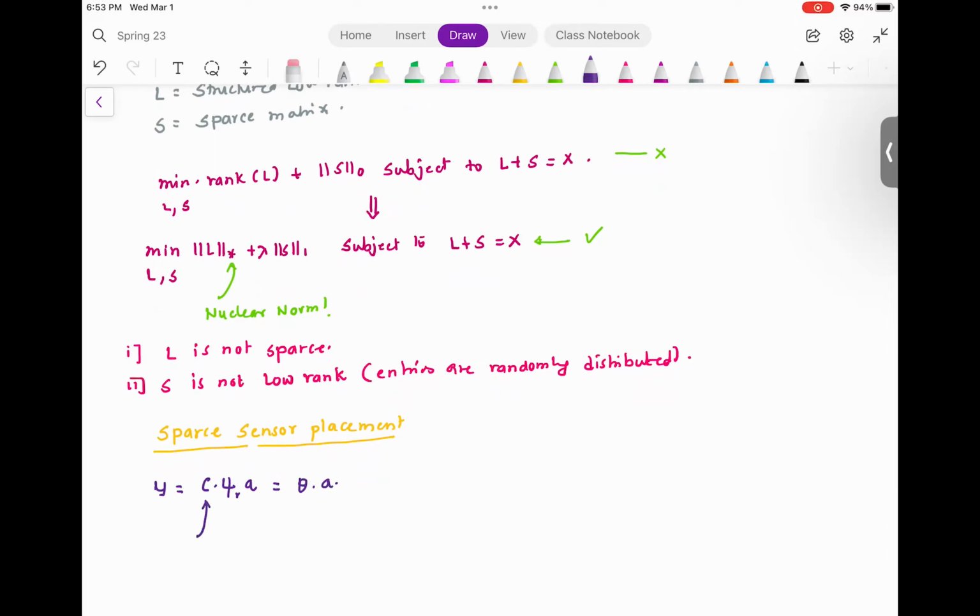So this sparse sensor problem finally reduces to constructing a sparse measurement matrix so that this inversion is well conditioned, which means the inverse actually exists.